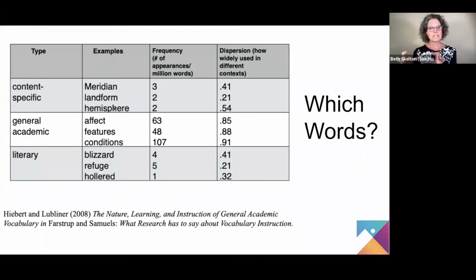So it's really specific context. Okay, so a very high number like 0.91 for conditions, it appears a lot in the 1 million, in the frequency, and it's used in a lot of different contexts. So that word conditions or features or effect, you see a lot more frequently.